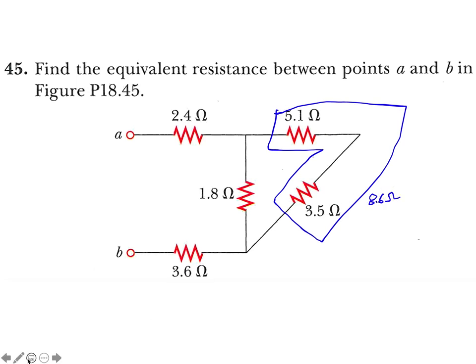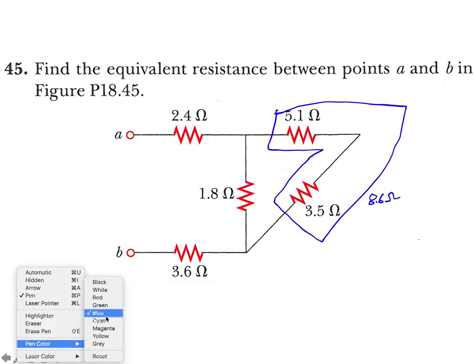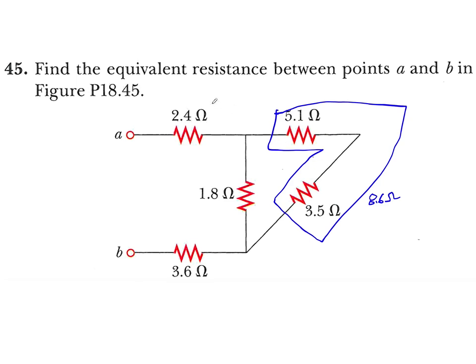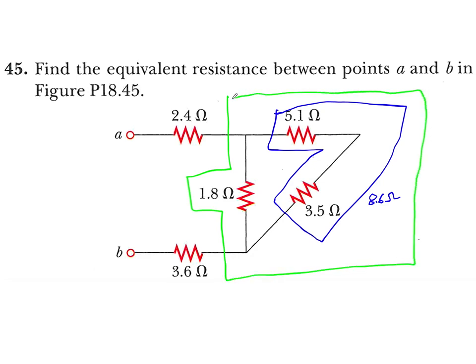Now that, in turn, is in parallel with this 1.8. So now we've got this 1.8 in parallel with this 1.6. What's the total resistance of this one? We've got resistors in parallel, so we go 1 over 1.8 plus this whole thing right here, which is 1 over 8.6.